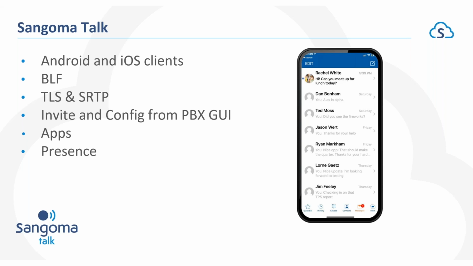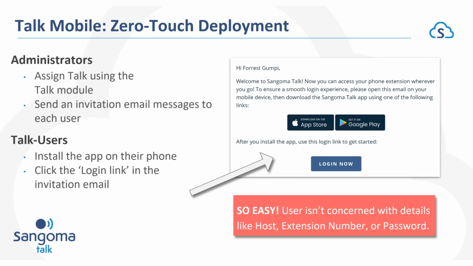It's extremely easy for end users to get this configured, and also for the admin. So what happens is the administrator actually sends an invitation email to each user. Each user has an email address in the PBX. You go into the Talk module, and the admin sends an invitation.